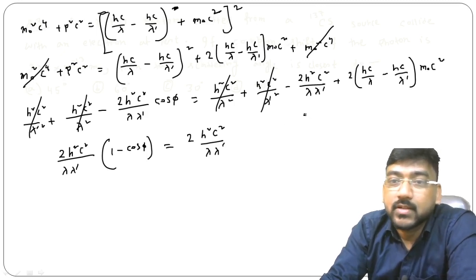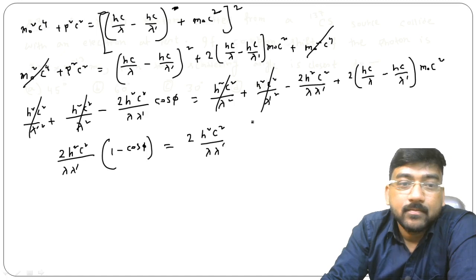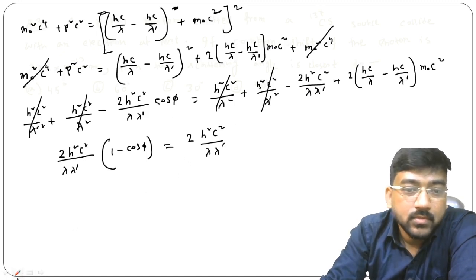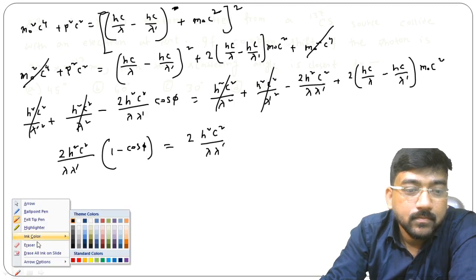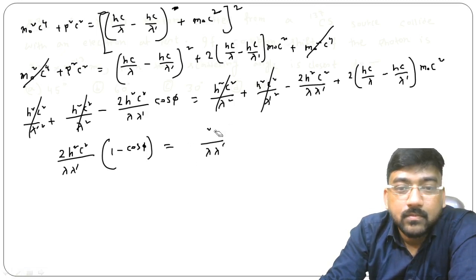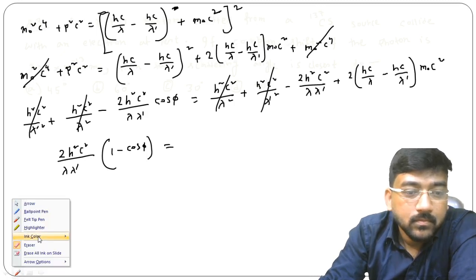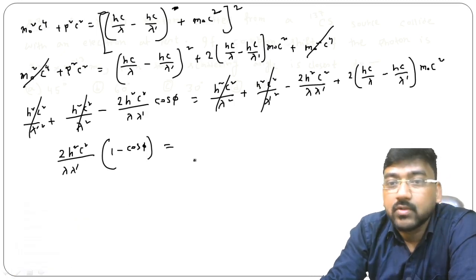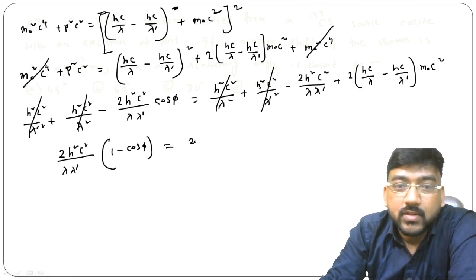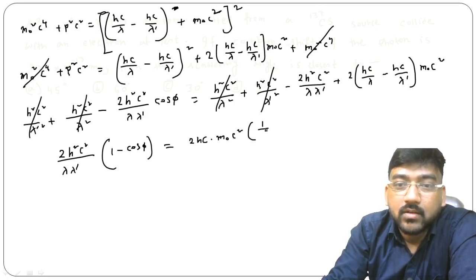Now it will be correct. So what we will have, if we take common 2hc into m0 c square into 1 upon lambda minus 1 upon lambda dash.